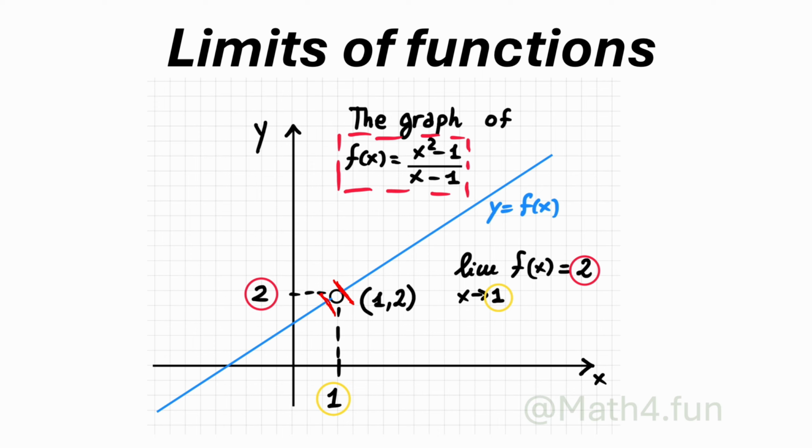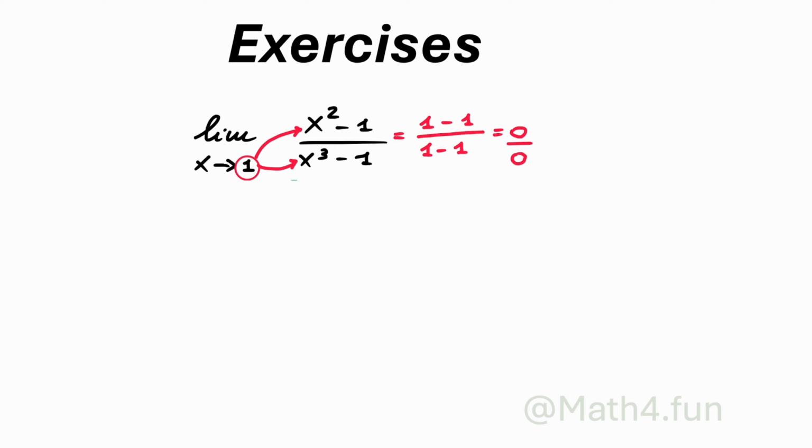So let's talk about this exercise. We have this limit. The function is not defined when x is equal to 1. So as before, we ask ourselves: near x equal to 1, what can happen?